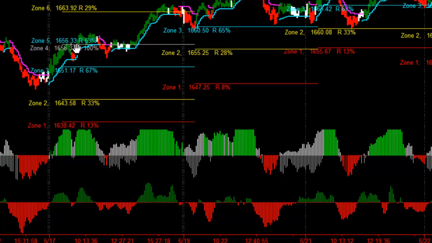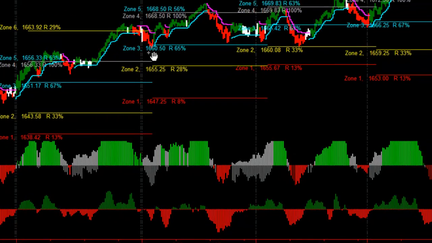And indeed the market did, and it basically slowed down in the middle of the day between the two zone levels, and then it took a little burst of speed and broke up above the 29% at the very end of the day. And at the very beginning of the day, it had fulfilled its 67%, so that was already taken care of.